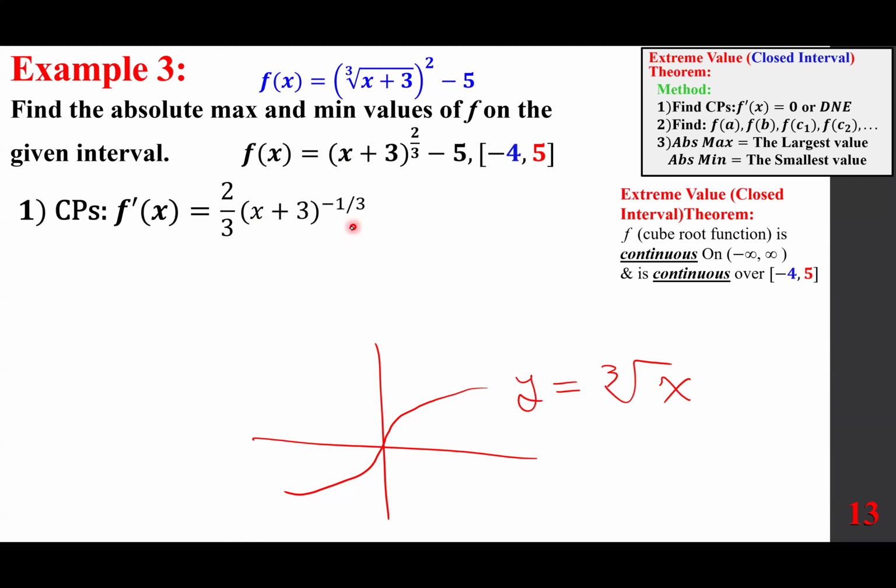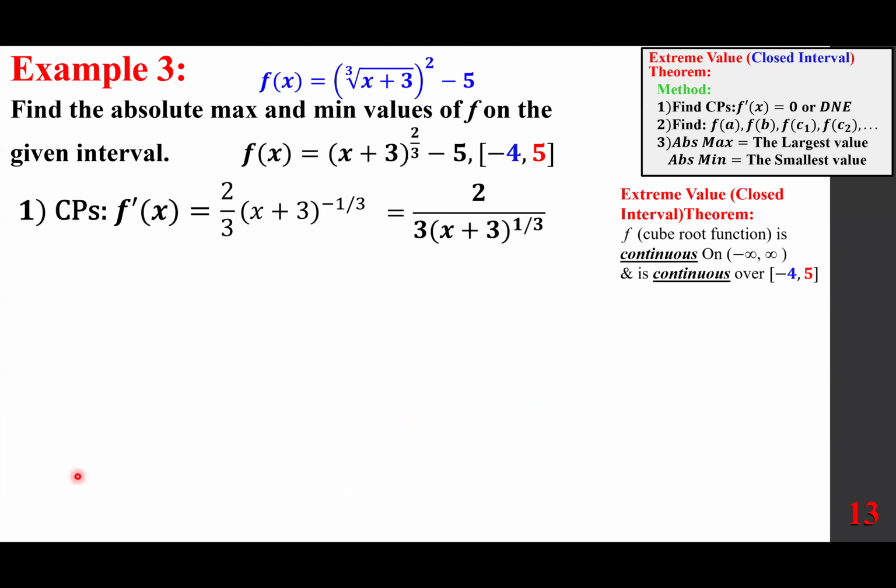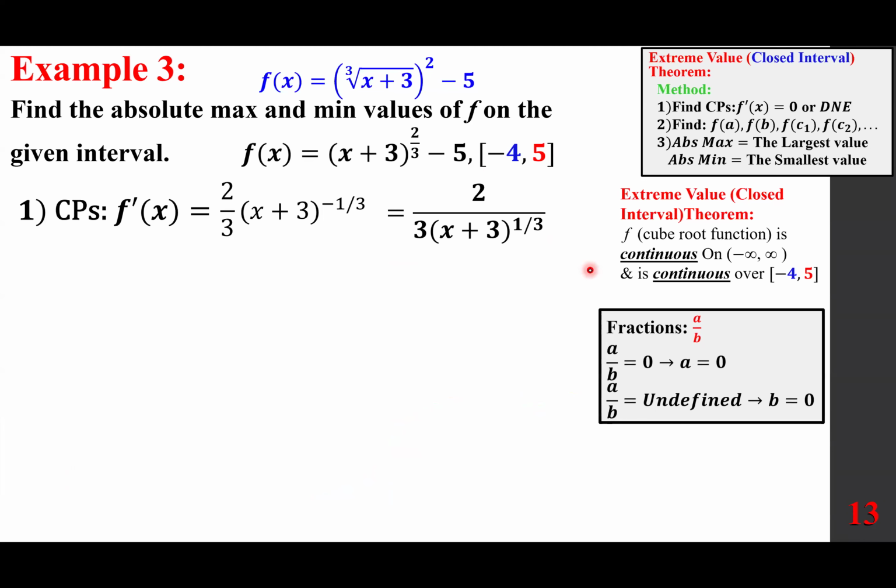We're going to rewrite this by taking this to the power of positive 1/3 and putting it in the denominator. So now you're dealing with a fractional form. A fraction a over b is 0 if a is 0, that means the numerator is 0.